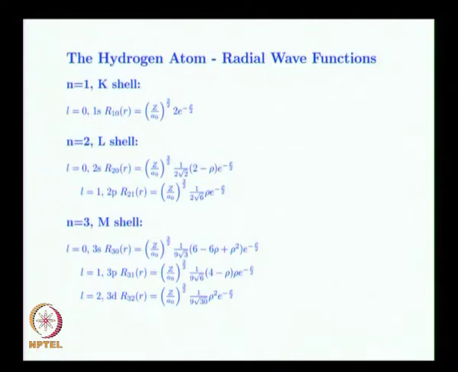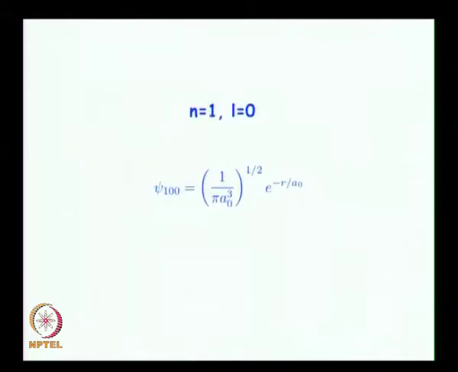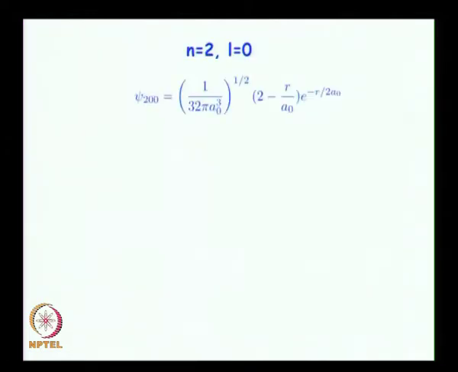You will get the total wave function. I think the total wave function is there in the slide. This is the wave function that is appropriate for the 1s. We have already discussed this, but if n is equal to 2 and L is equal to 0, this is the function. You have determined the angular part, you have determined the radial part, multiplied them together, you get this as the answer.